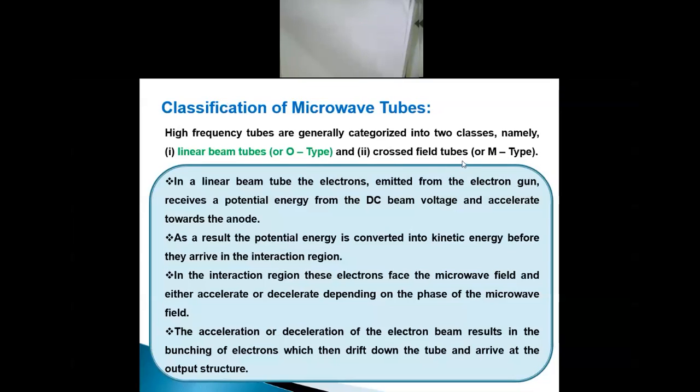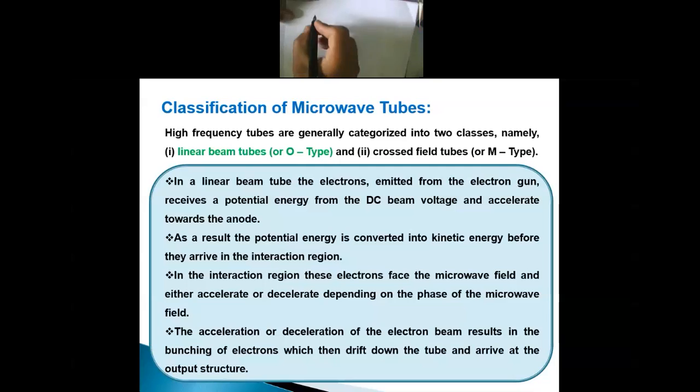A cross field tube. Now in a linear beam, we generally talk about a magnetic field component and an electric field component. Whatever electrons are propagating from the cathode, when they are emitted, there will be a field, and that field is in the axial position for this electron.